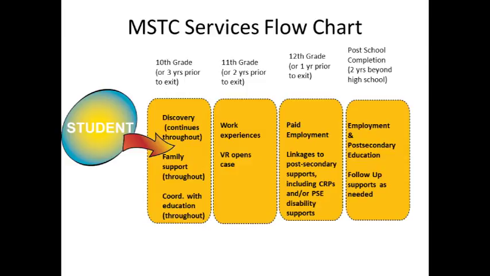The model services delivery would begin in 10th grade, or in the case of those students who are in ungraded programs, 3 years prior to their projected exit. And this typically means students who are going to go through school through the maximum age of 21 years old, and who would be exiting typically without a diploma, but with a certificate of completion. So 3 years prior to their exit, this would begin. For other students, this means their sophomore year.